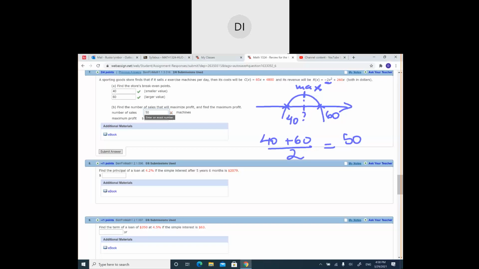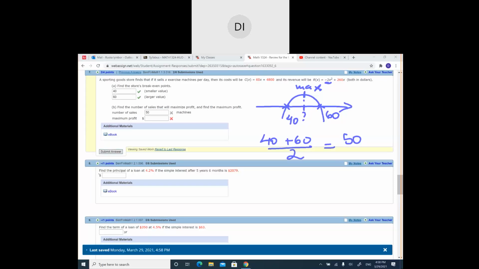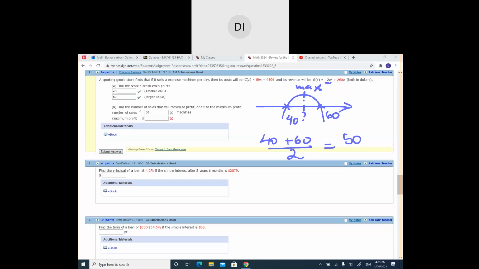And then to find the maximum profit, the second answer here is going to be when I replace 50 in the revenue and also in the cost and subtract them. So I need to plug in 50. The number we get here is going to be replaced in the revenue function and also in the cost function.